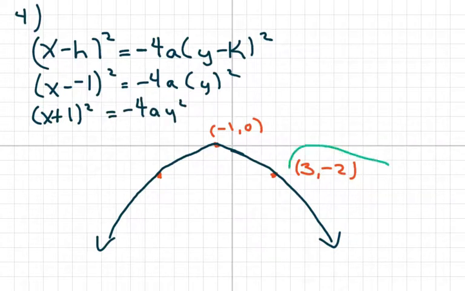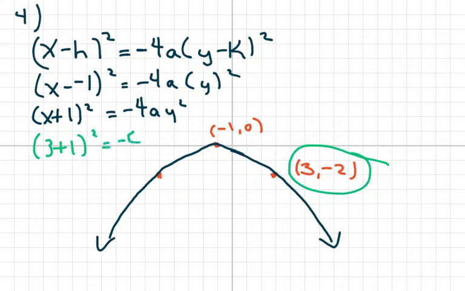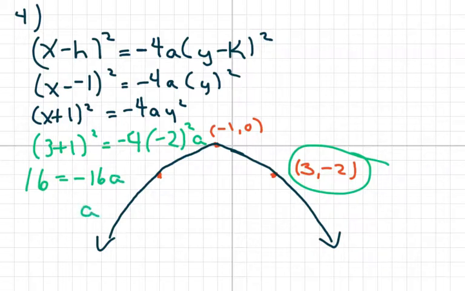Now we're going to take this point and plug it in. My x is 3, so I get 3 plus 1 squared equals -4, and I'm going to put the y first. Y is -2 squared times a. So 4 squared is 16 equals -16a. So a is -1.